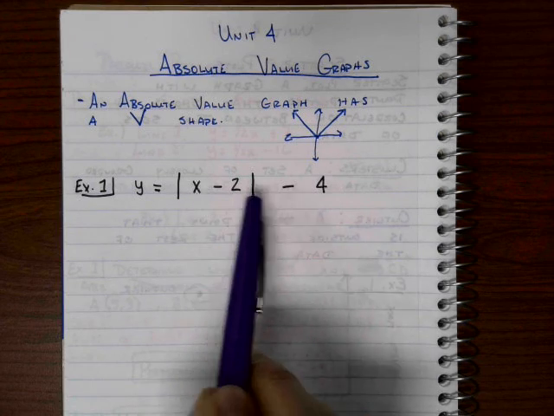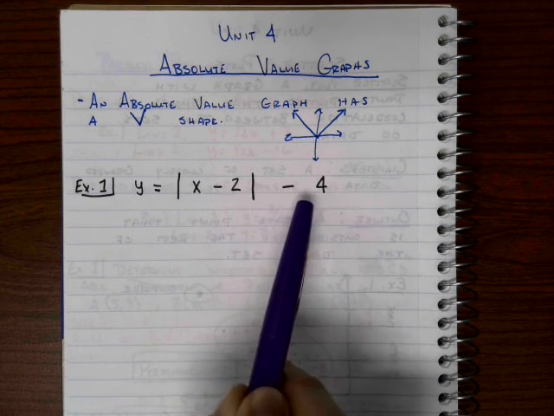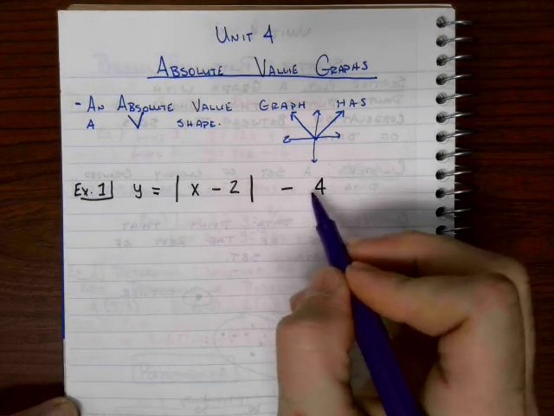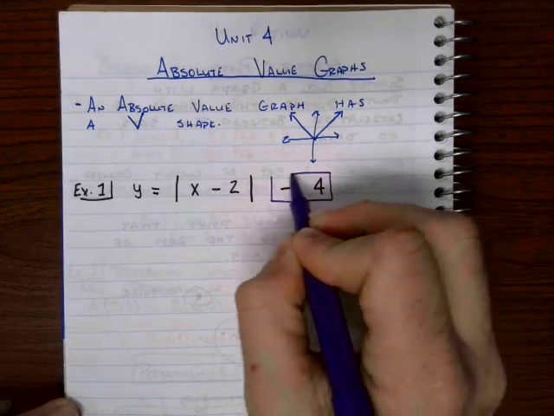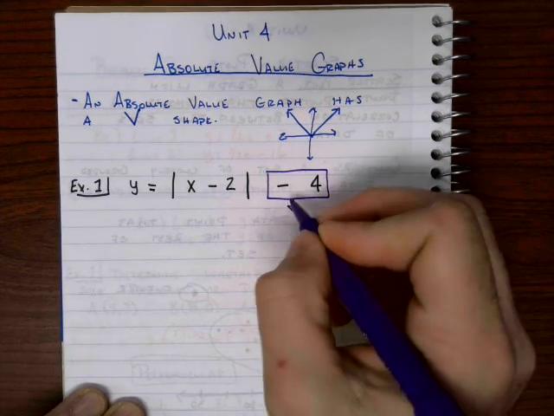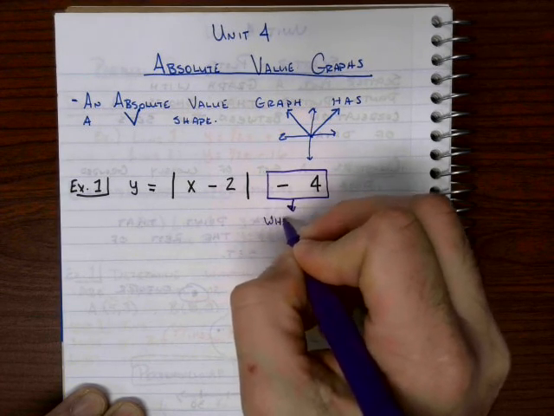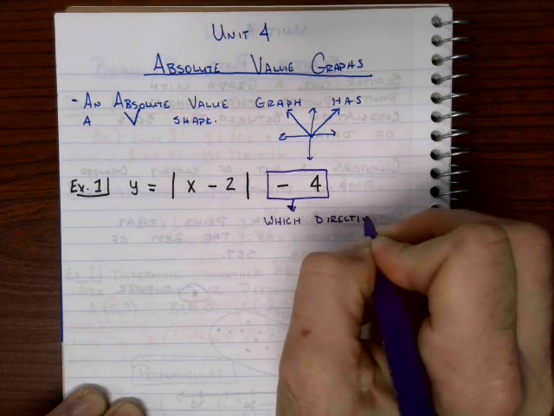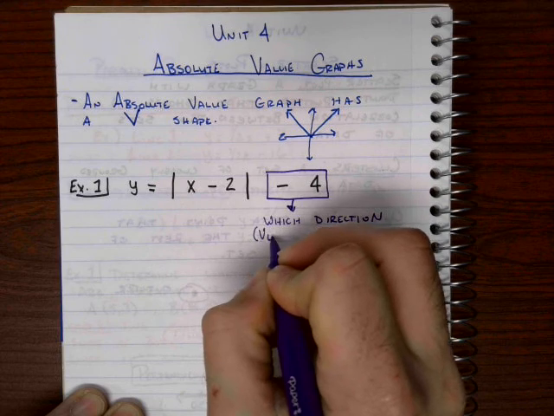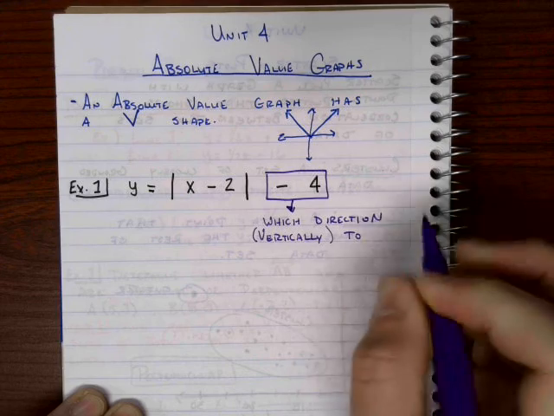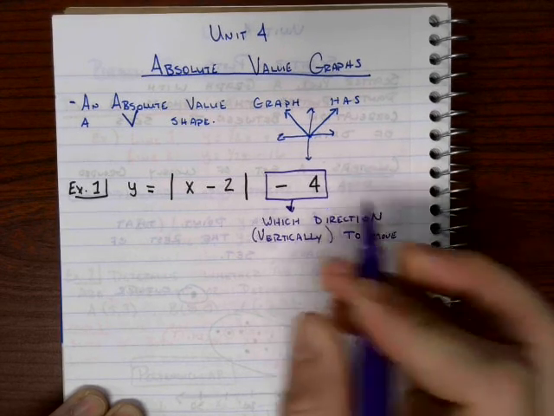What happens here is these different points tell us different things about the graph. For example, this is -4. Whatever portion comes outside of the absolute value tells us which direction vertically to move the graph.